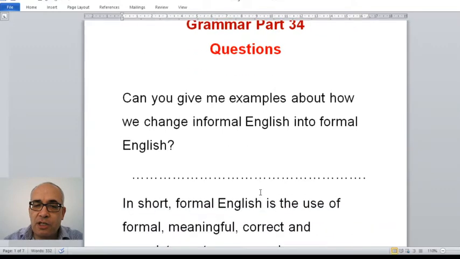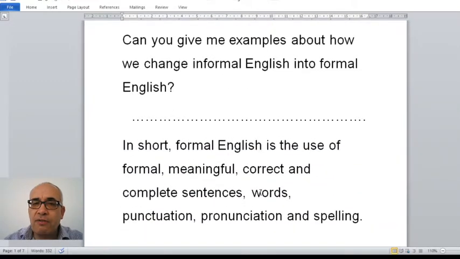If you ask me this question, can you give me examples about how we change informal English into formal English? Yes, I can give you examples and I will explain how we can change informal sentences into formal ones. But this is just a quick, brief explanation about formal English.